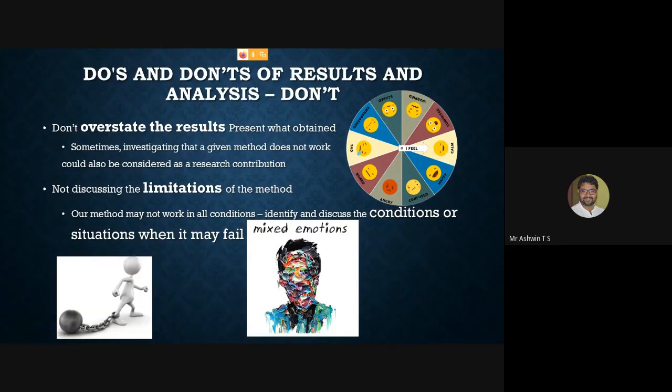But a human can visualize what is happily surprised or angry or frustrated. All those mixed emotions it will not consider. So these are called limitations. You should write a separate paragraph, or have a separate justification in your mind, about the limitations of your work.